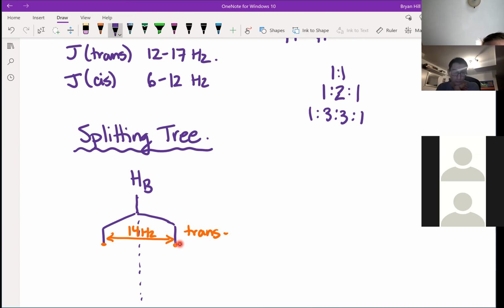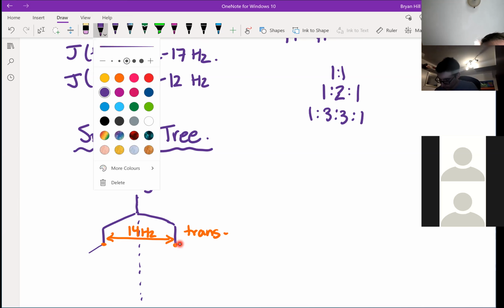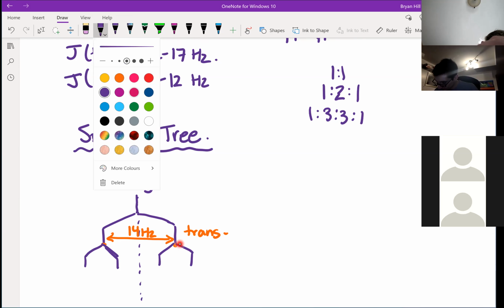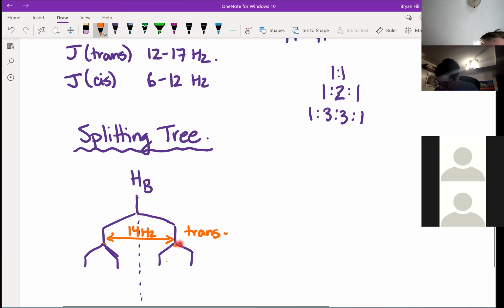And let's say that this would be split again for the cis. So each line would be split again, and I haven't really drawn it nicely to scale. But let's say that the cis coupling turned out to be 6.5 or 6 hertz. It was on the low end.